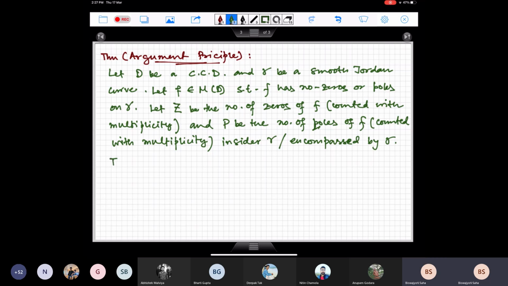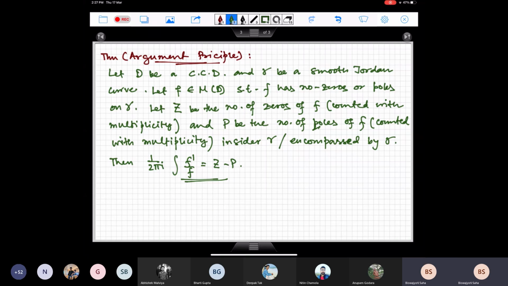Then it turns out that 1 upon 2 pi i times the integral of f prime over f is Z minus P. So this is the statement of the argument principle.